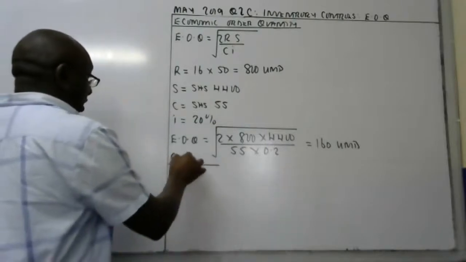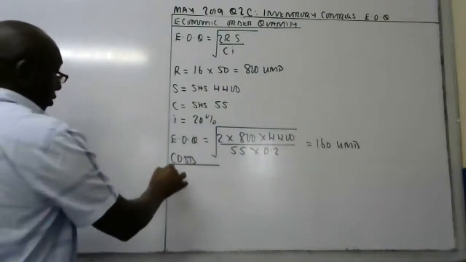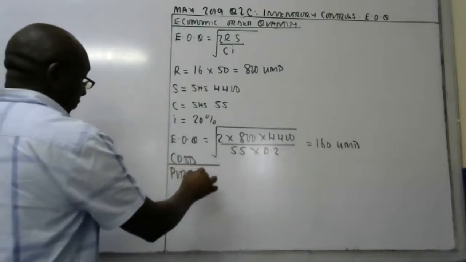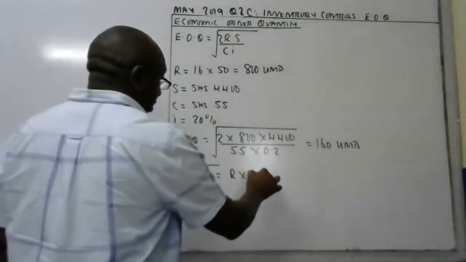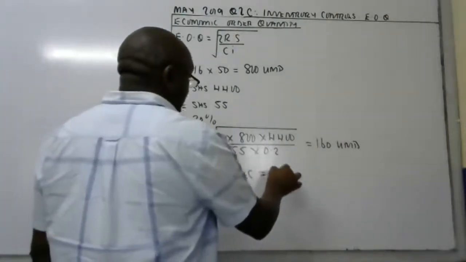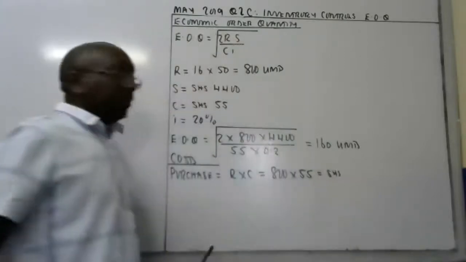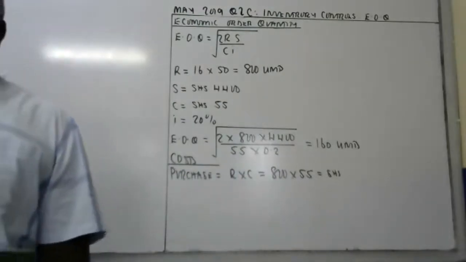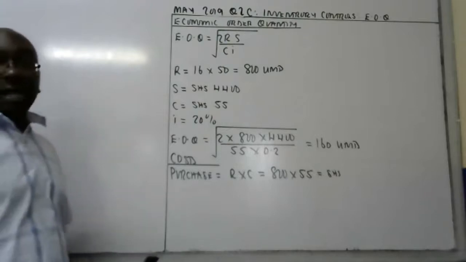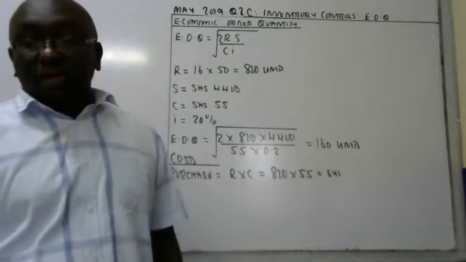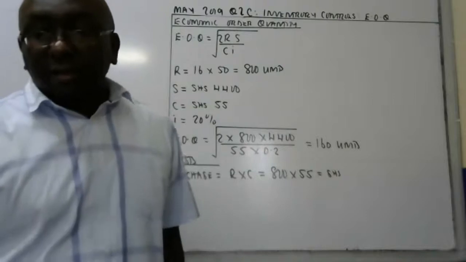Then we come and get the costs. So for the costs, we begin with purchase. Purchase is given as R times C. So this will be 800 times 55. How much is that? 44,000.